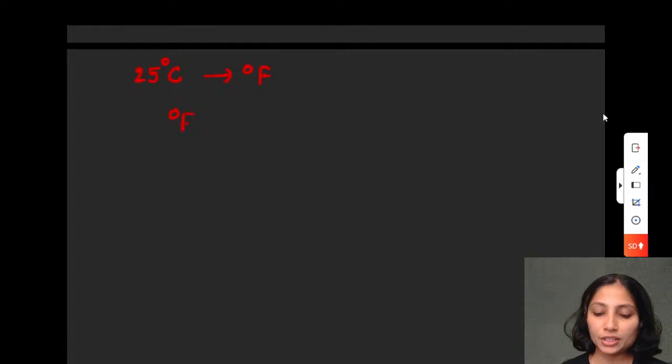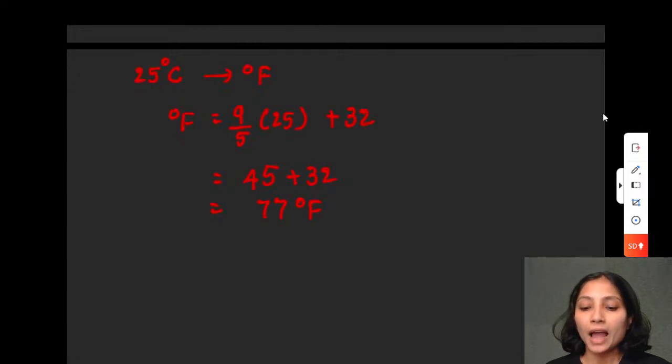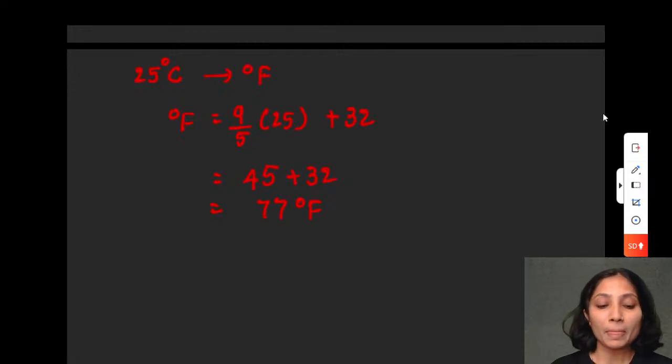Degree Fahrenheit is equal to 9 by 5 degree Celsius, where degree Celsius is 25, plus 32. So 9 by 5 into 25 is 45, plus 32, which is equal to 77 degree Fahrenheit. Okay, is it clear? I hope no doubt in this one.